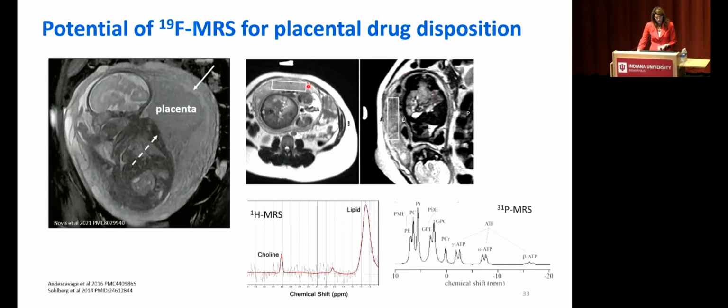And this field of view, this white triangle here, that's essentially the area that is focused on. The spectrum is acquired from that particular area within the placenta, and then you're able to quantify the chemicals of interest. And while this MRS has been done with other atoms, moving on to do it with fluorine is the next step.